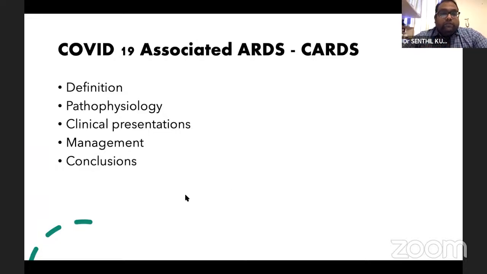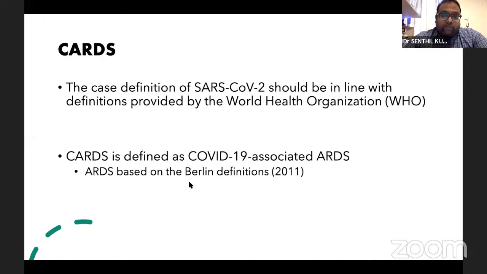Going on to the definition of COVID ARDS: first, the definition of SARS-CoV-2 infection should be in line with the WHO definition, that is, symptoms with a positive RT-PCR or positive CT findings. And with COVID positive, if the criteria are in line with the Berlin definition of ARDS, it is considered to be COVID ARDS.